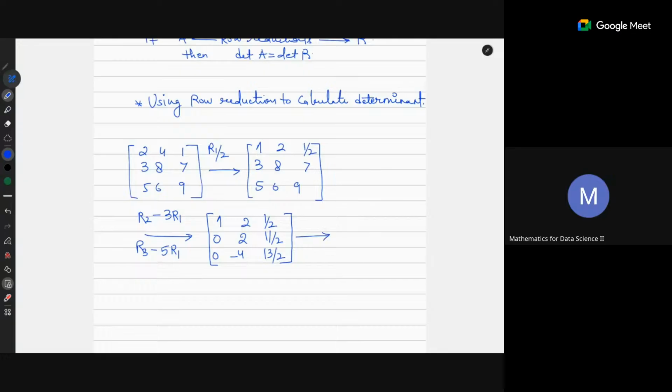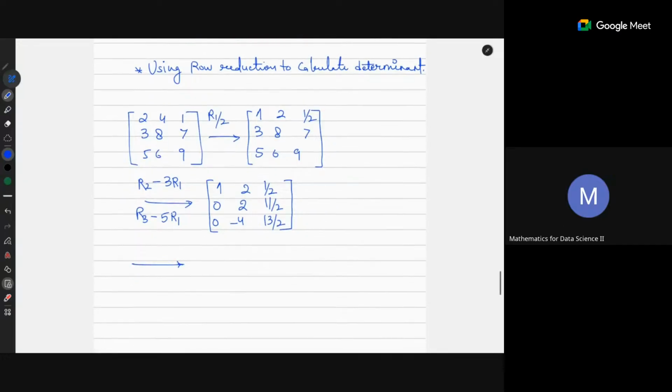All right. Now you do one more operation. Now the second leading entry will be in the second row. So let's say we will have the second leading entry here, and we will make this 1. So now multiply R2 by 1 by 2.